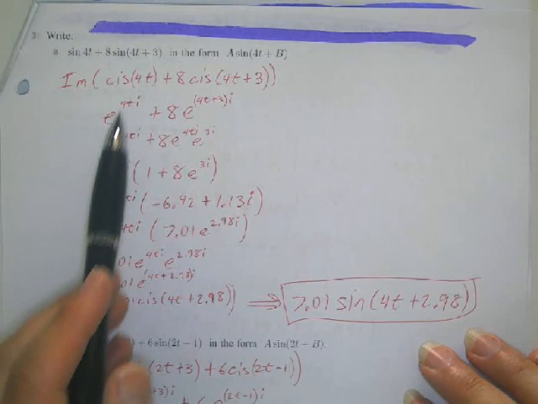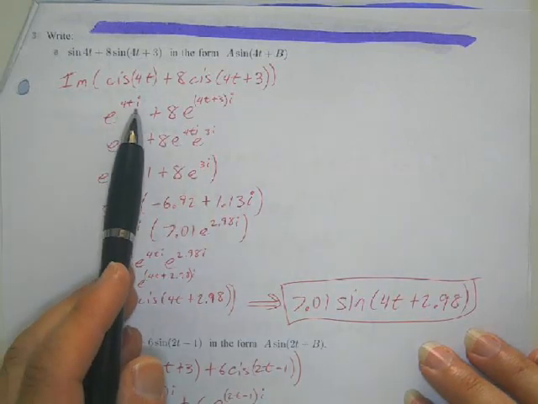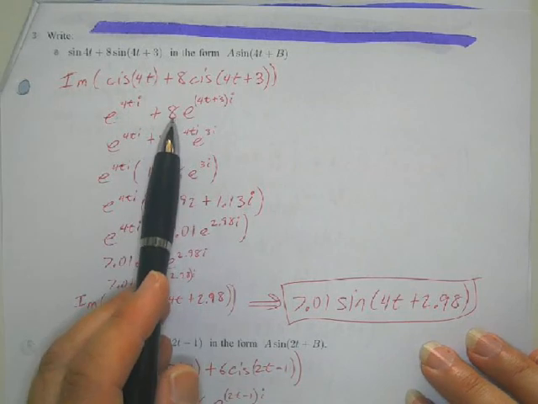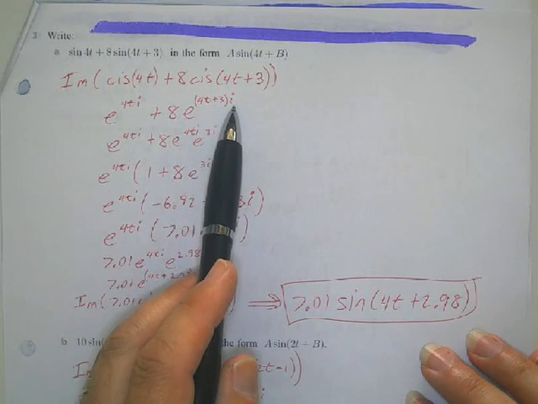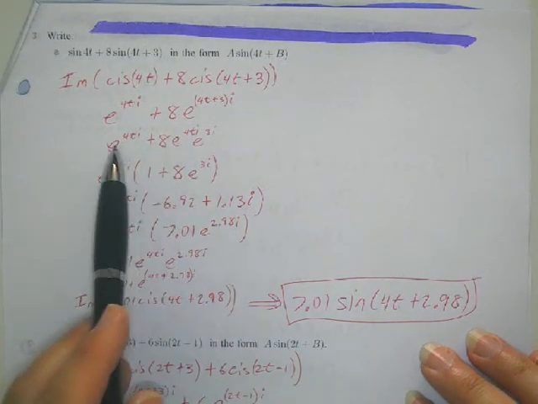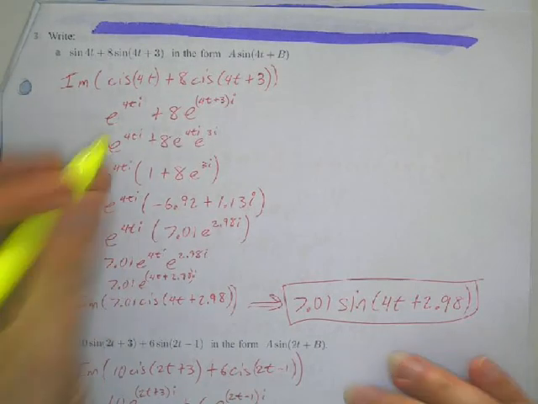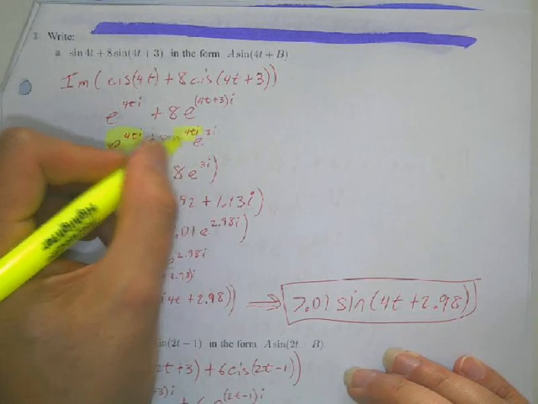I'm going to rewrite it in Euler form. So we've got e to the 4ti plus 8e to the (4t plus 3)i. Then we've got this common factor we factor out, e to the 4ti.